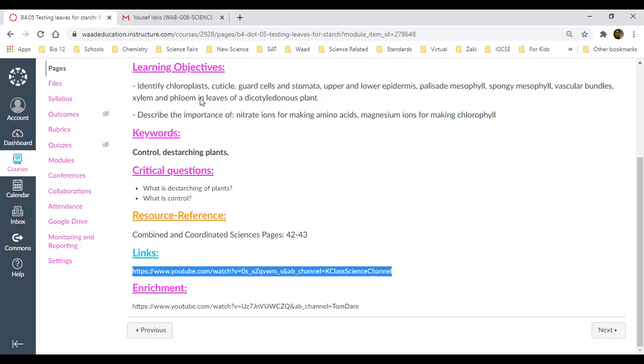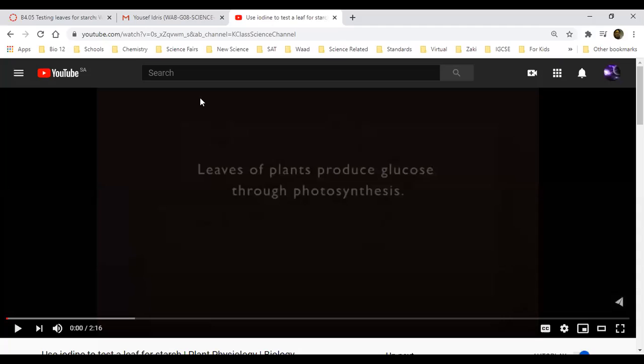Do you know that leaves of plants produce glucose? Small clip for 2 minutes. Let me share that screen with you guys. And are you able to hear the sound? Yes, the sound is on.